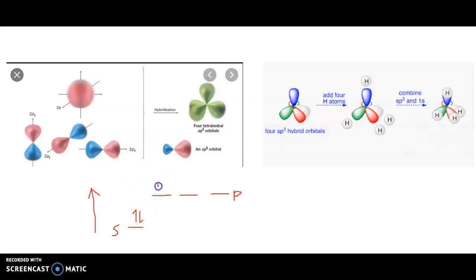We've got 2, and we spread our electrons out. So we're going to make a molecule of methane, which is carbon and hydrogen. What happens is when these guys get close together, they form hybrids. The hybrid is lower in energy. It's between the S and the P. So how many orbitals do I have total? I have 4. I get 1 from the S, and I get 3 from the P.